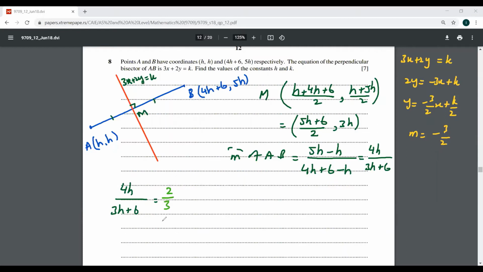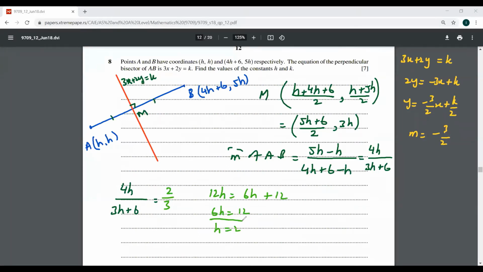Okay. Let's solve this. This will give us the value of h. So this is 12h. That is equal to 6h plus 12. So we have 6h equal to 12 and your h is equal to 2.